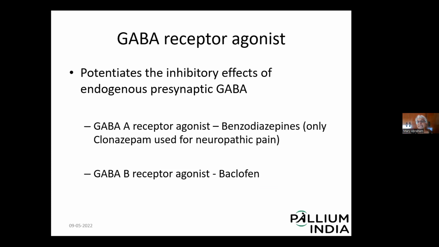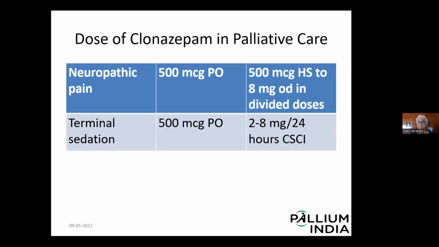So there are two types of GABA agonists. One is a GABA A receptor agonist, which include the benzodiazepines. And the only benzodiazepine that's used for neuropathic pain is clonazepam. And the GABA B receptor agonist is baclofen, which is used in treating pain with spasticity or muscle spasm.